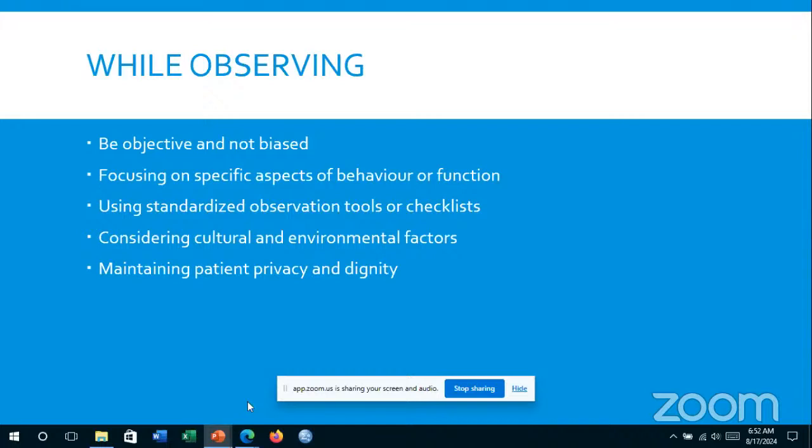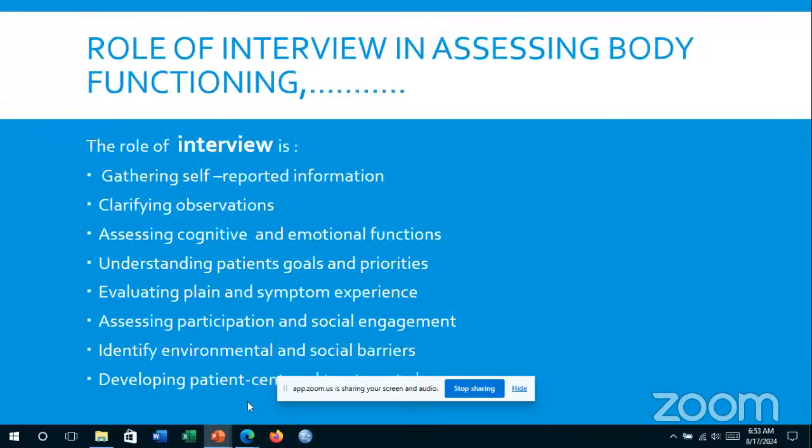Preferably, we should have standardized tools that are actually validated or translated into the local languages. We want to make sure that in doing what we are doing, we maintain dignity and make sure that there is privacy for the patient in anything that we do. Confidentiality of information and consent are important each step of the way as we provide care for a patient. I think this is what Dr. Ojeto is trying to emphasize here.